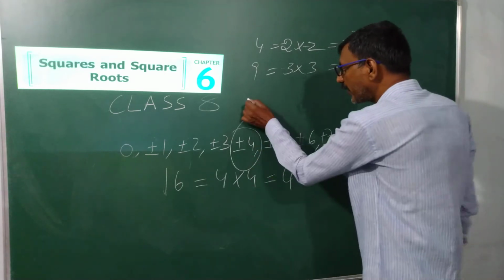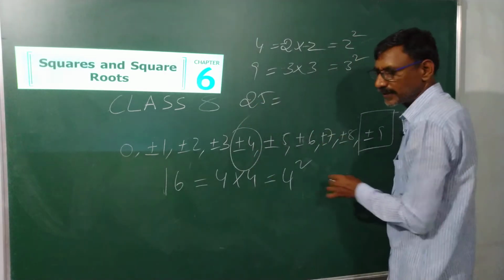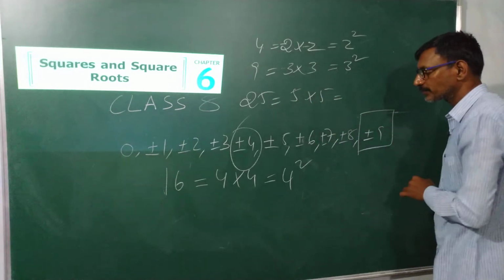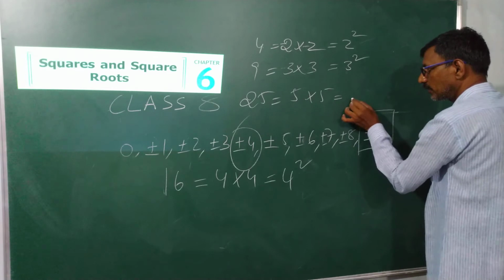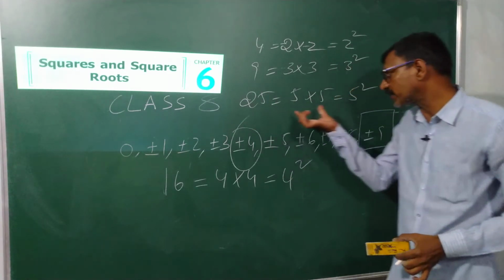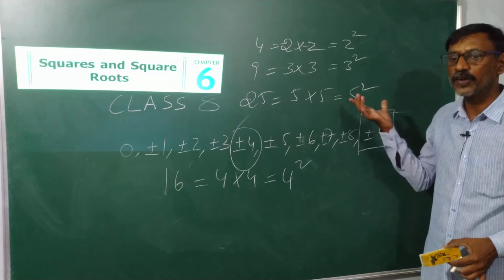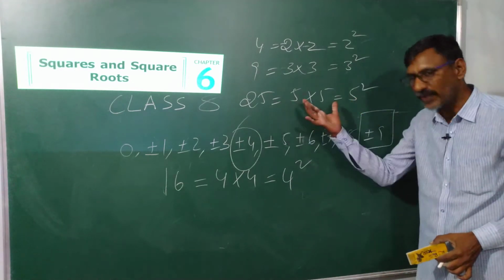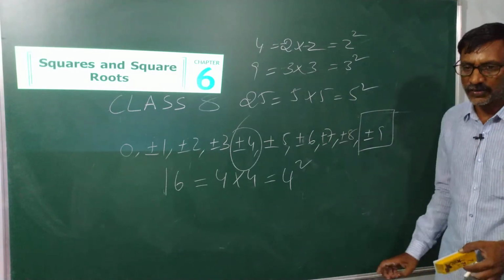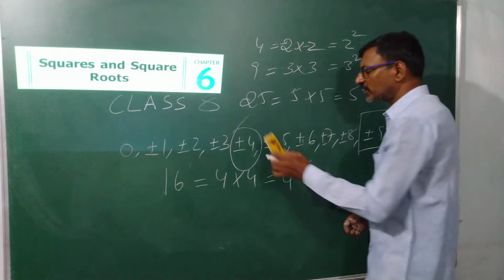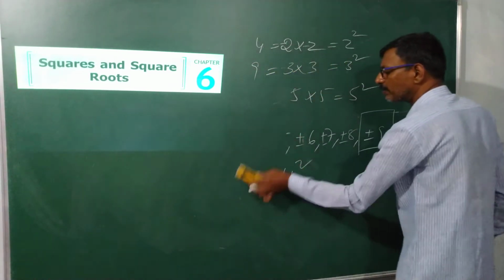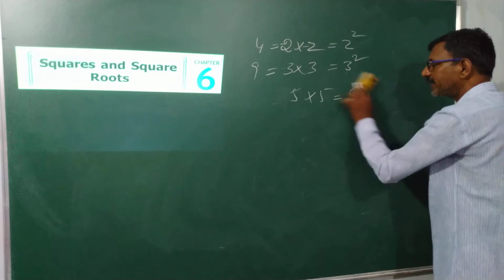Similarly, if you take 25, 5 into 5 is equal to 5 square. Therefore, 25 can be expressed as 5 into 5, that is equal to 5 square. So 25 is a square number. In this way, we can find so many square numbers in integers.